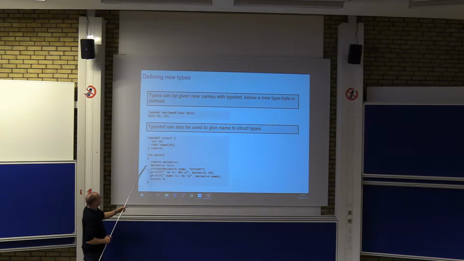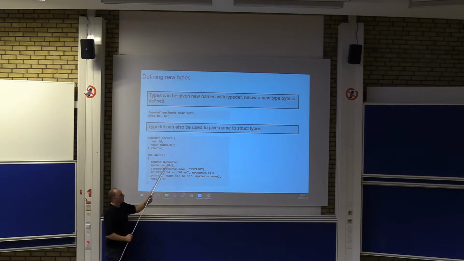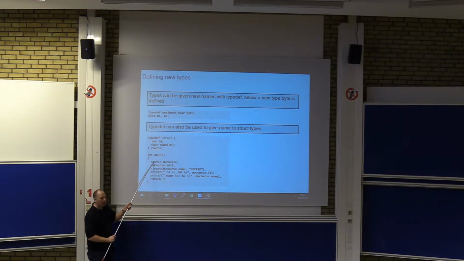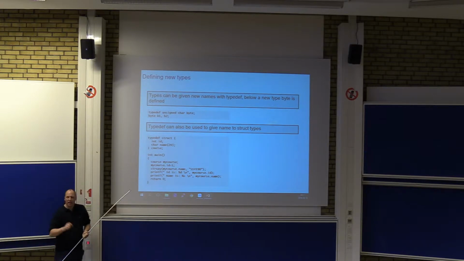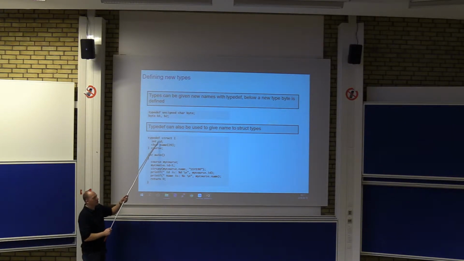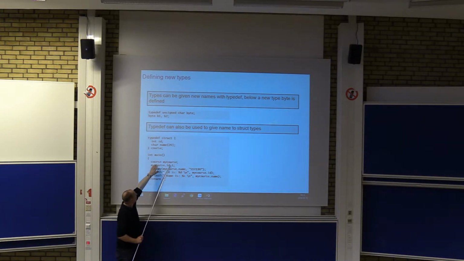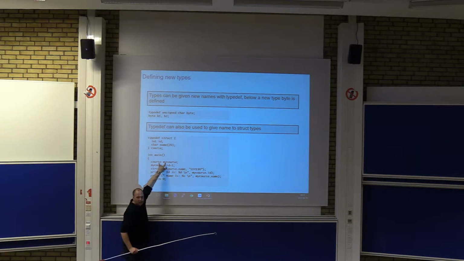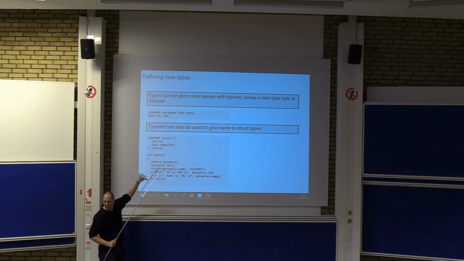So for example, I can now create a new variable called my course of type course. And then I can start to assign values to the different attributes within the struct. Remember now that if I declare the variable in this way, then memory will be allocated for this variable on the stack.